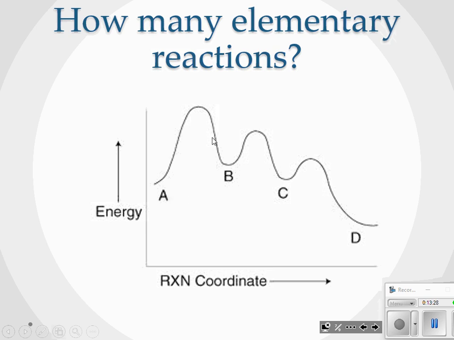I hit my activation energy to form substance B, so to speak. Substance B is the product of that first elementary reaction, but now it's going to be the reactant to hit this transition state to form substance C. Well, substance C just became a product, then it's going to go back into another elementary reaction to form substance D, which is our final product.